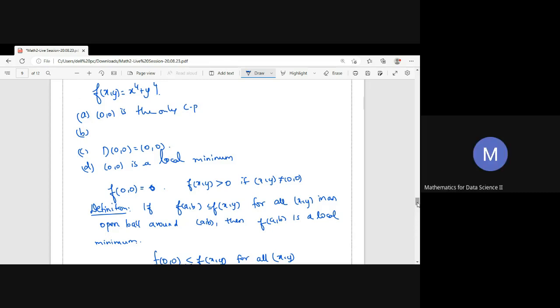You can say it is inconclusive for using the Hessian test. But in general, it is a very simple case, so it is easier to do. Always remember, either you can directly use the Hessian test, or you can directly use the definition. Only these two cases will be there. There will be no other cases, so don't worry. Either very simple cases like this where you don't even need the Hessian test, or you have to use the Hessian test. Only this possibility will be asked in the exam.